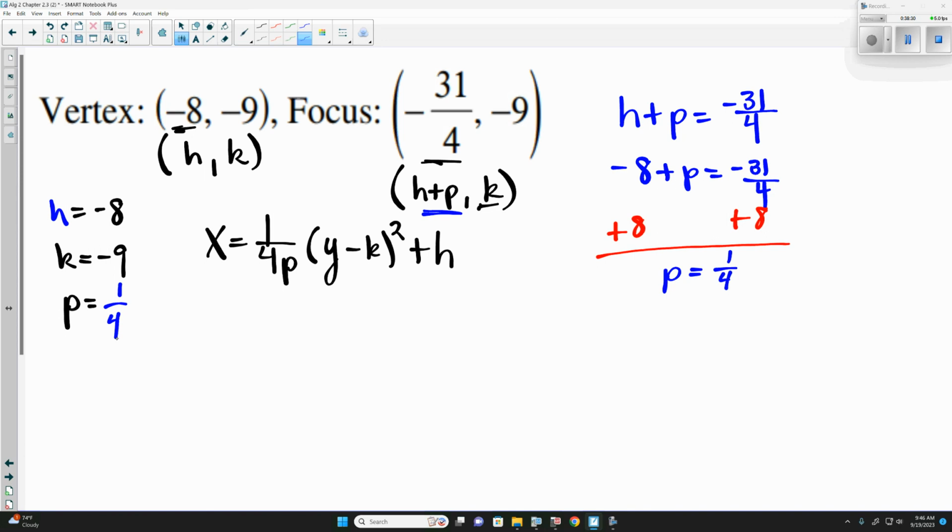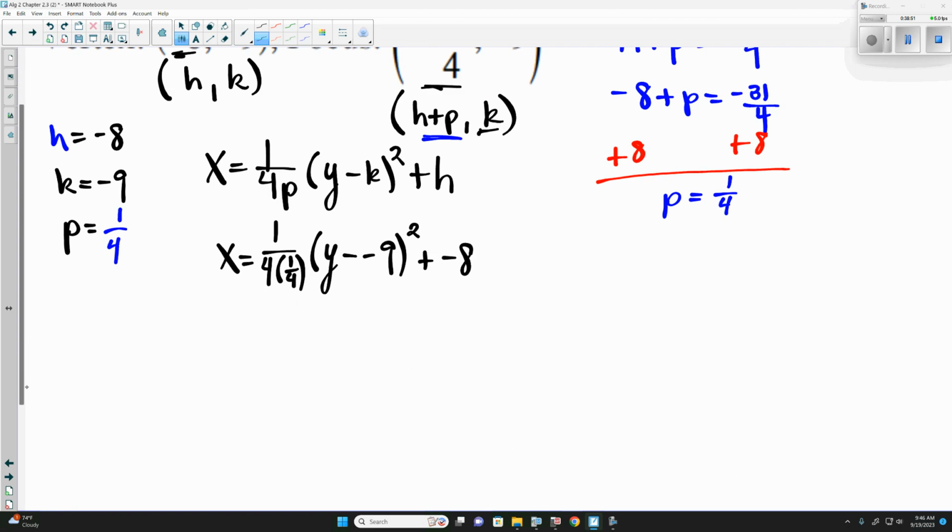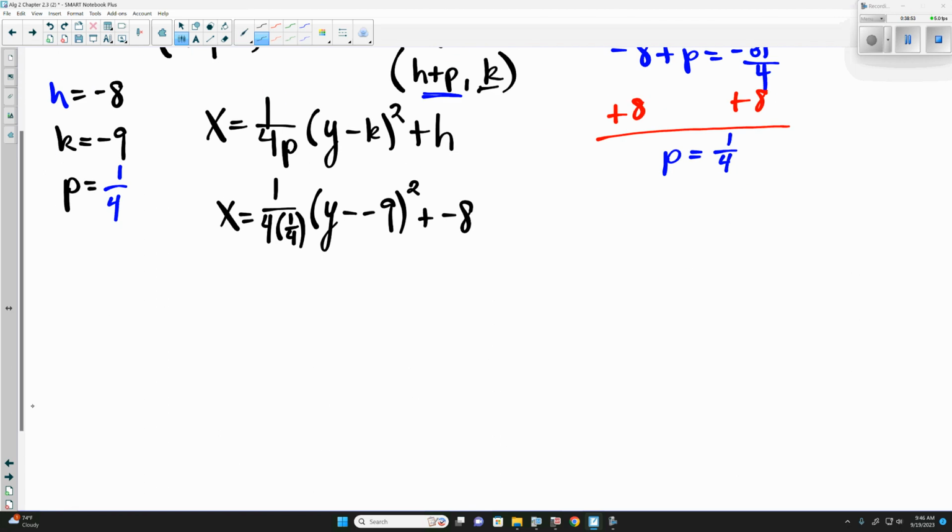And the last thing we need to do is plug all this back in. So x is equal to 1 over 4 times 1/4, y minus our value of k, which is -9, squared, plus our h value, which is -8. Now again, just like I said before, if you want to adjust for the sign change with these negatives as you plug them in, that's perfectly fine. There's nothing wrong with that.